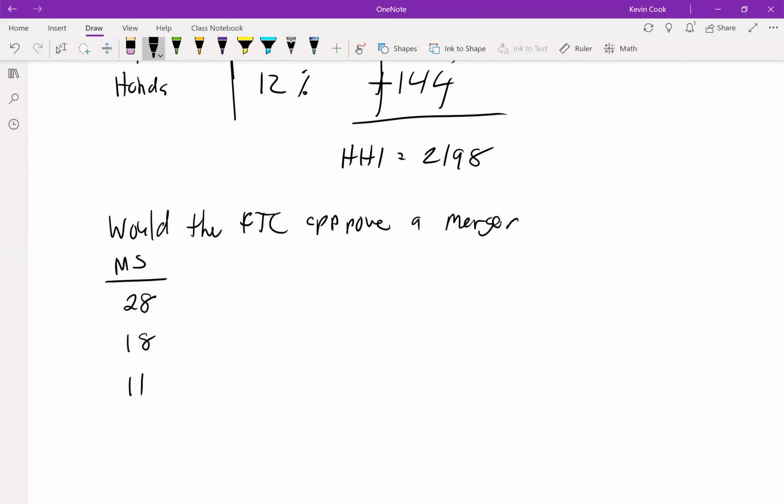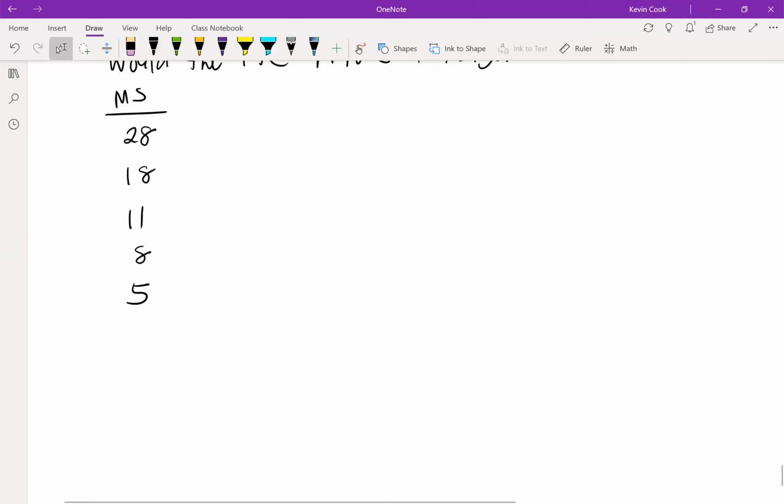So our market share is 28, 18, 11, 8, 5. And then we have, say, 30 small firms with 1% share each. We could write this out as 1, 1, 1, 1, 1 if we wanted to, but it'll be easier to just multiply this by 30 once we get to that point. So 30 at 1%.